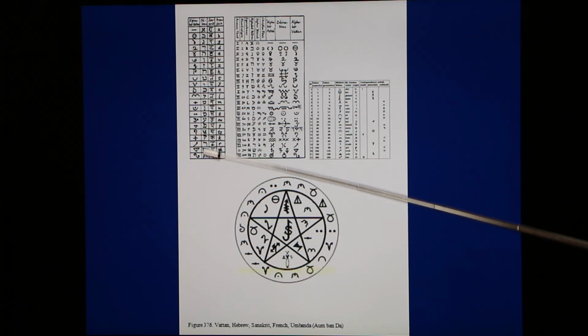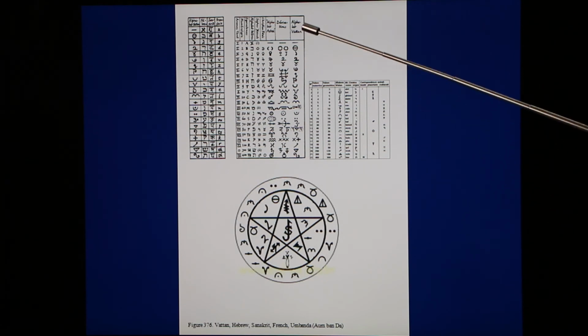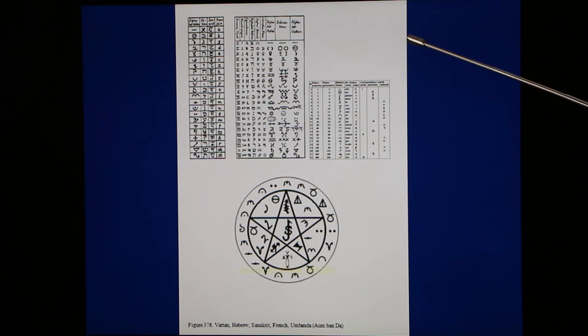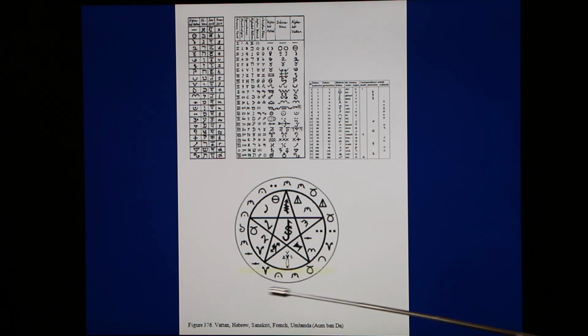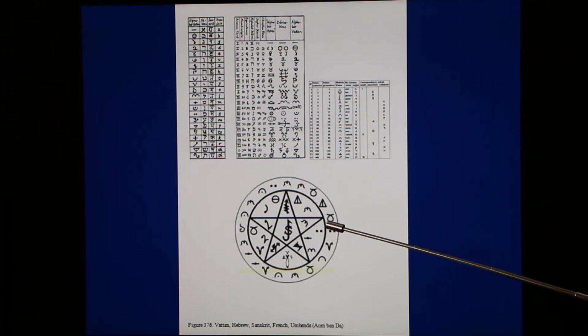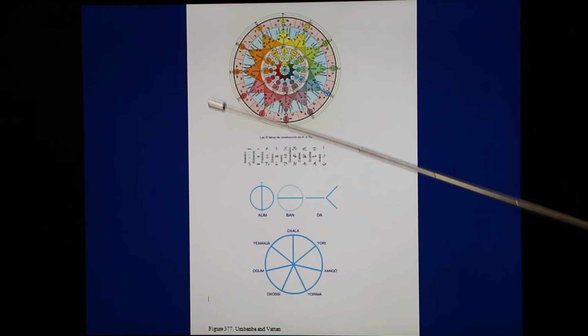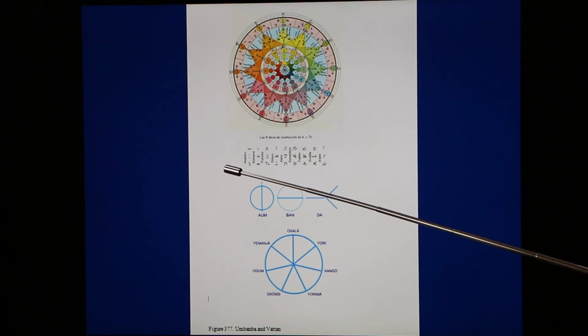And then we get the letters linked with the zodiac signs and astronomical signs, and we get back to this Umbanda, the complicated alphabet of the Brazilians. Here is a full-blown version of his magical alphabets.